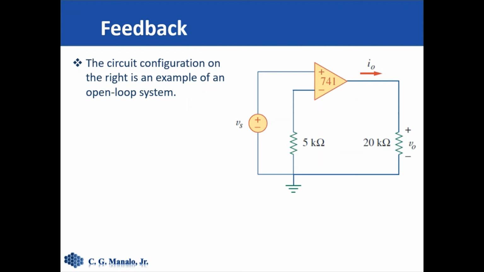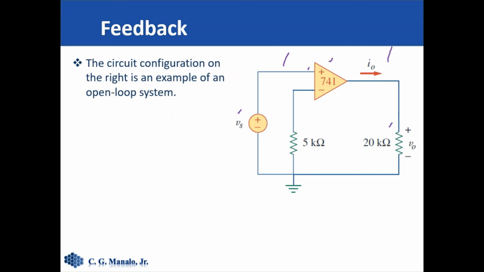Here we have an op-amp where the non-inverting terminal is connected to an input signal, V sub S, and the output is connected to a load. This configuration is what we call an open loop system because the input and the output are completely separate or independent.